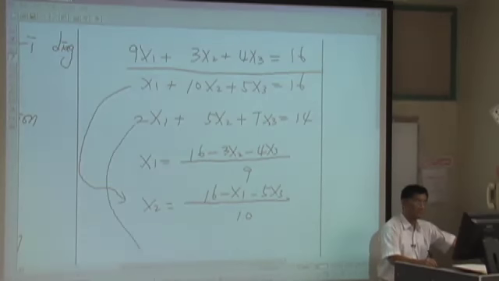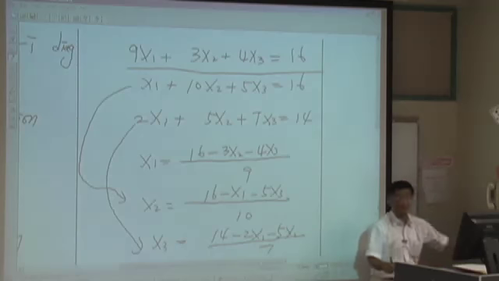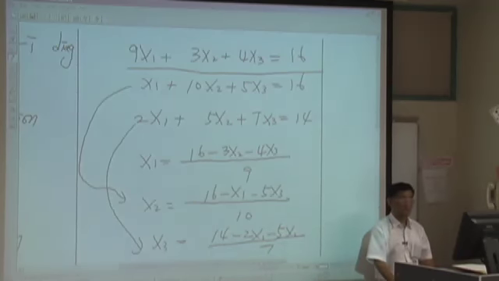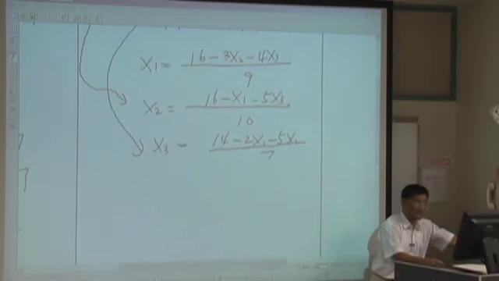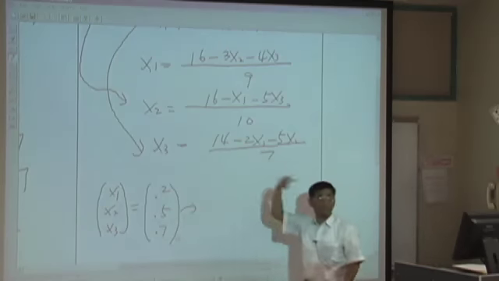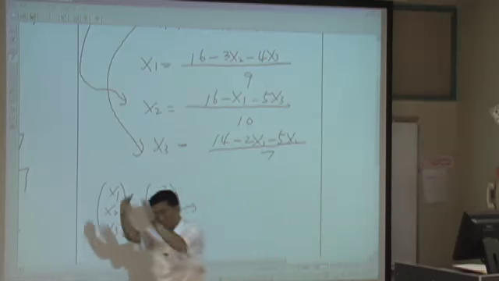What about this one? x3 is equal to 14 minus 2x1 minus 5x2 over 7, right? And then we can guess the solution. Let's say the x1, x2, x3 triple is 0.2, 0.5, 0.7. We initially guess and then use this relation to create a new set of points.